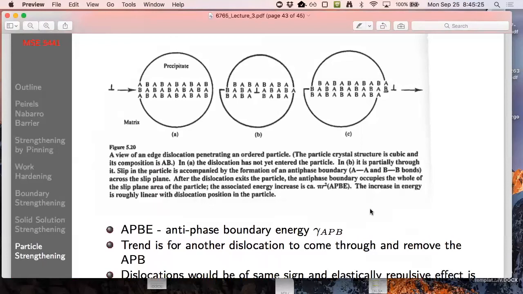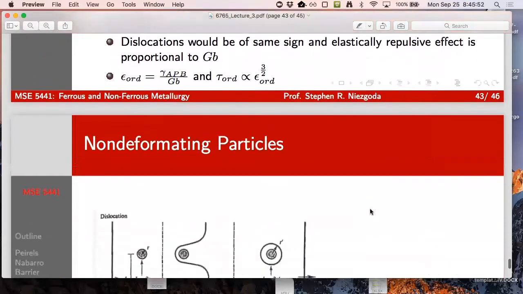For the thermodynamically stable phase, like the delta phase in aluminum lithium, cutting that will give you an antiphase boundary. But for GP zones and theta double prime, this is a fairly small effect. This will be one of the primary effects when we get to nickel.